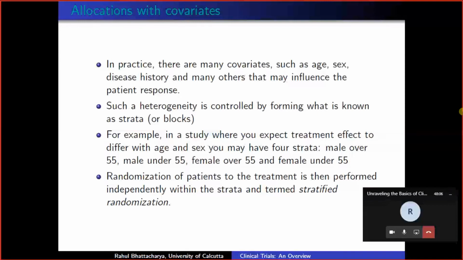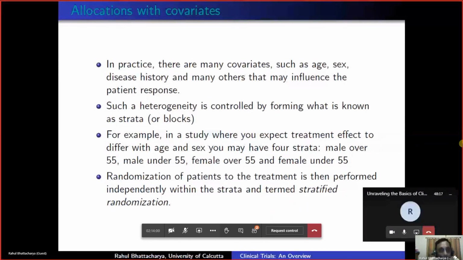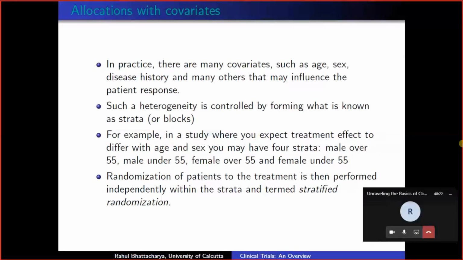So for age, you define two strata, over 55 and under 55, and for sex, there is male and there is female. So we have two levels of age and two levels of sex. So there will be four strata in all. And within each stratum, you can either use simple randomization or permuted block randomization.